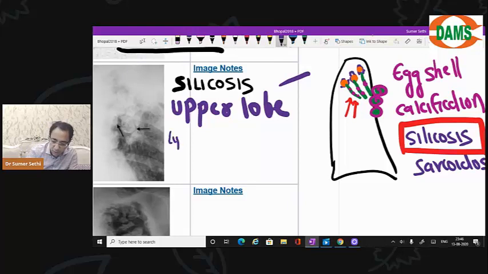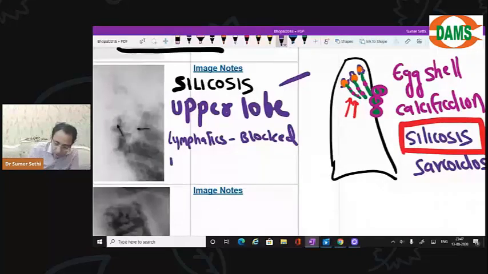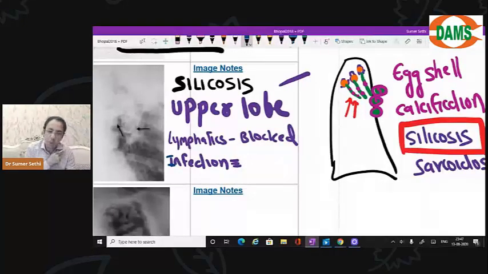The lymphatics will become blocked. Because of the macrophages laden with silica that die in the lymphatics, they cause the lymphatic channels to be blocked. Now, can you name a common infection in mine workers as well as other people with lower socioeconomic status, which you typically see in the upper lobe? That is tuberculosis.